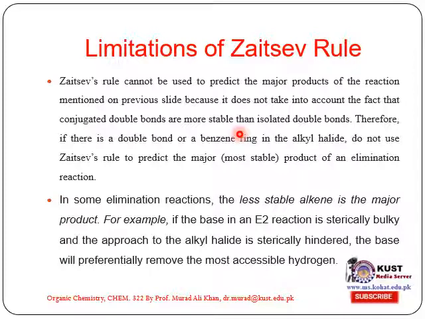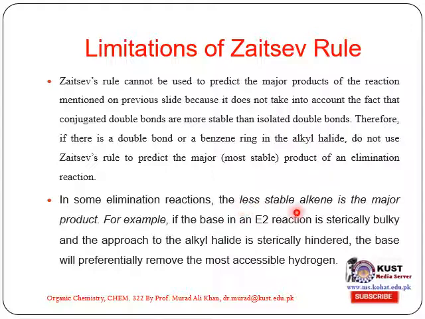So if there is a double bond or a benzene ring in the alkyl halide, do not use the Zaitsev rule to predict the major or most stable product of an elimination reaction, because the conjugation gives more stability as compared to the substitutions.